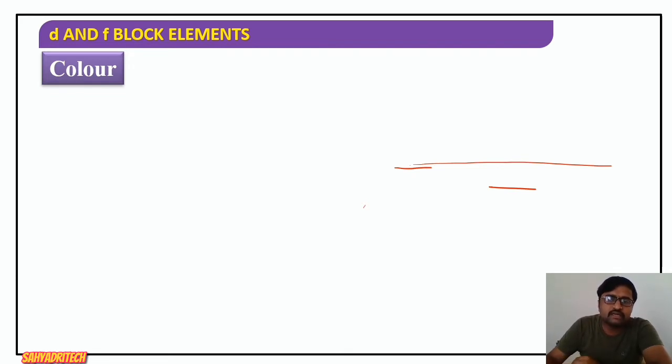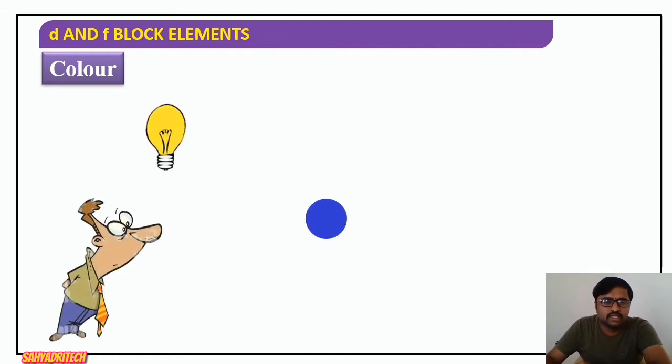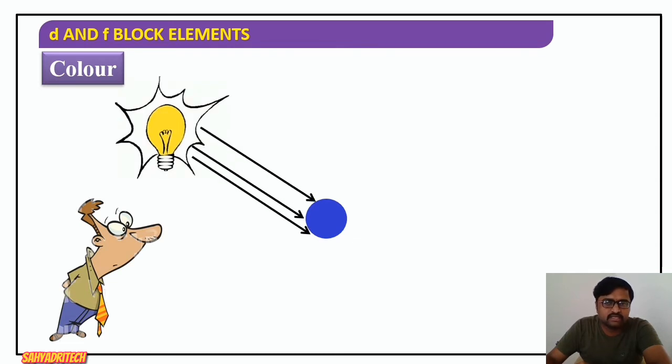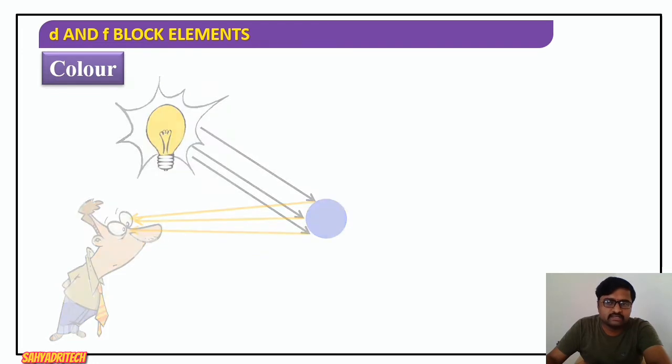So according to the second proposal, whenever light radiation falls on an object, part of the radiation is absorbed, and its complementary color will be seen by the naked eye.